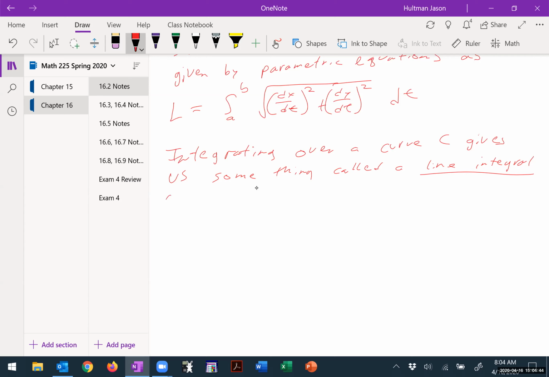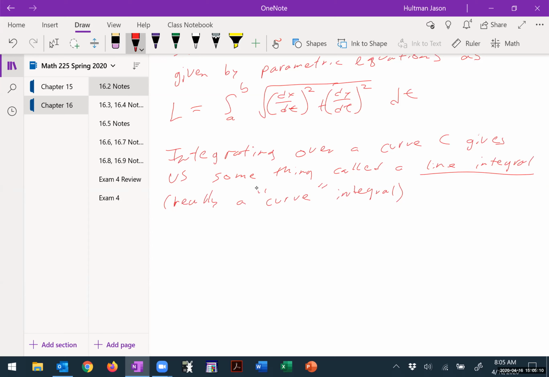Okay, line integral. And again, it should really be called a curve integral because that's really what it is. How did we find arc length? Well, we're not necessarily finding arc length of a line, we're finding arc length of a curve. A line is just a special curve.